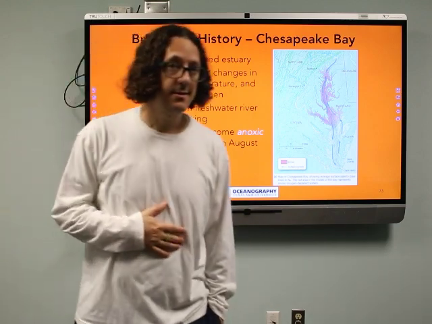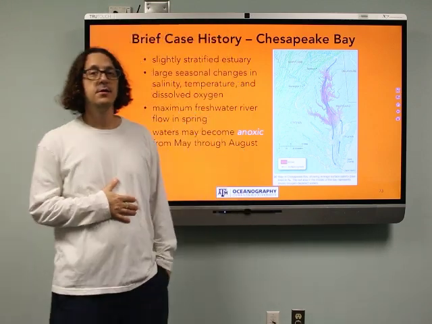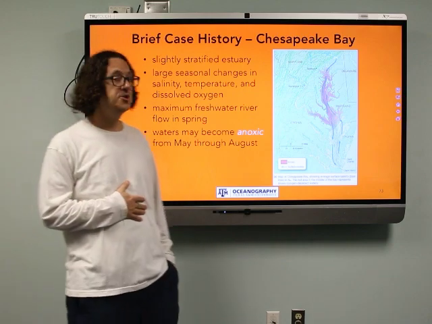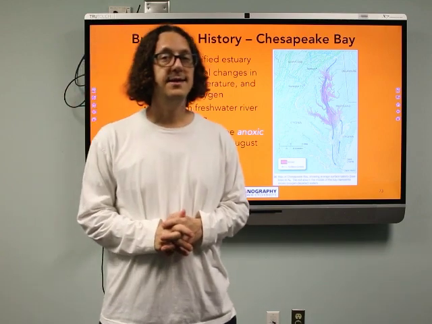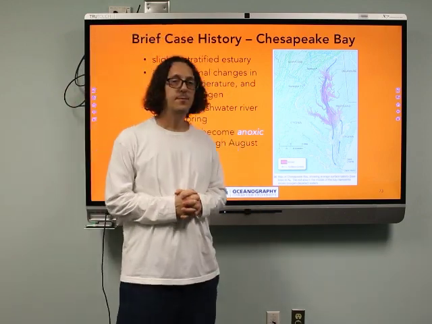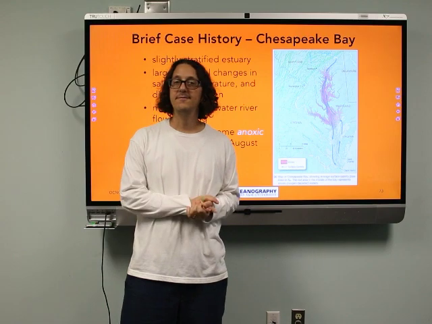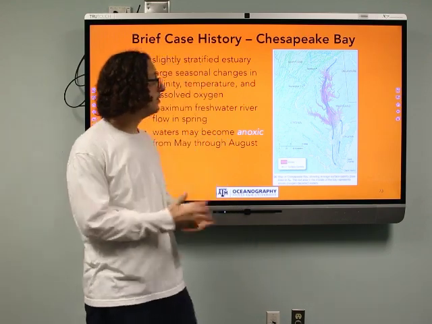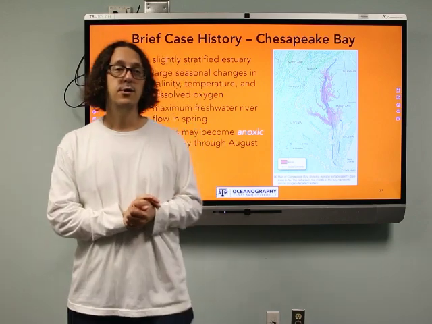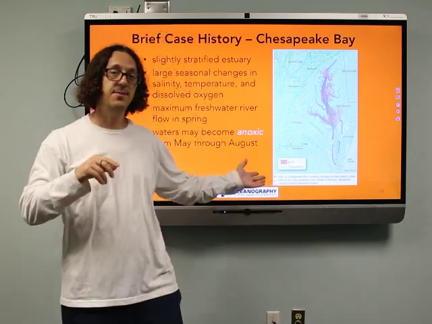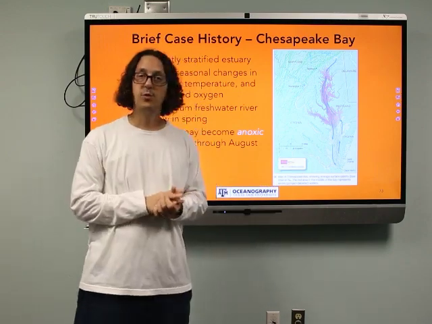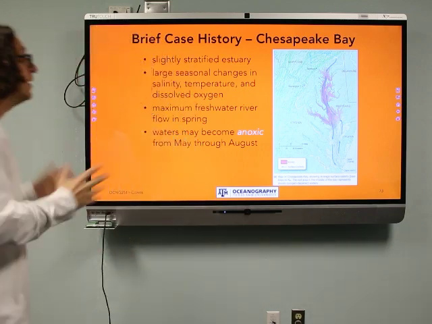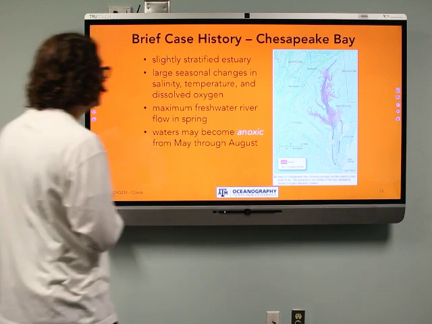It's really well studied, largely, because all of the politicians, all of the federal, national level politicians, live in Washington, D.C., and so Chesapeake Bay is in their backyard, so it's easier to convince them to give people money to study Chesapeake Bay, since it might actually affect their kids and themselves, as opposed to an estuary down here in Texas, where you have to convince the rest of the country that something in Texas matters, but they don't see it in their backyards. That is the way the world works, unfortunately. So anyway, it's a well-studied estuary.